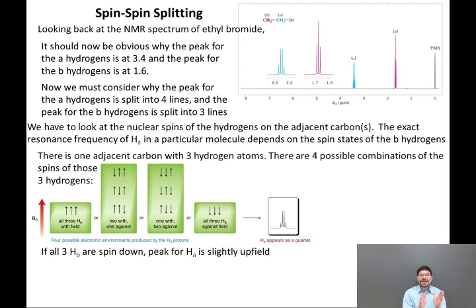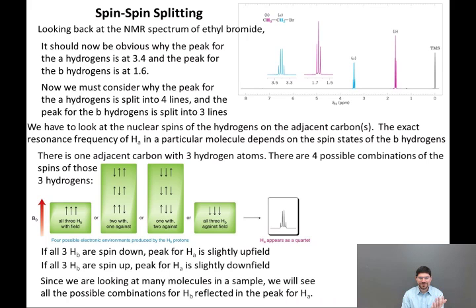If all 3 HBs are spin down, the peak for HA is slightly upfield or to the right. If all 3 HBs are spin up, the peak for HA is slightly downfield or to the left. And I'm not going to derive why this is the case. That is upper level physical chemistry.